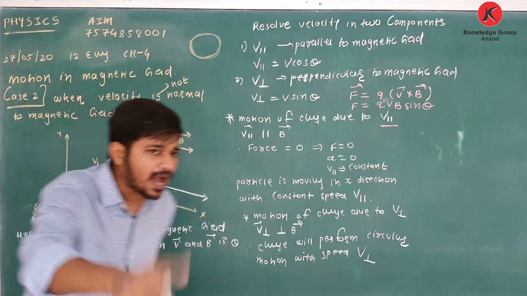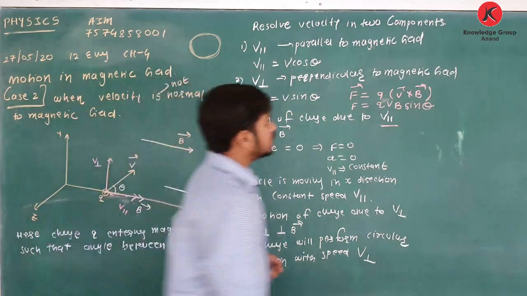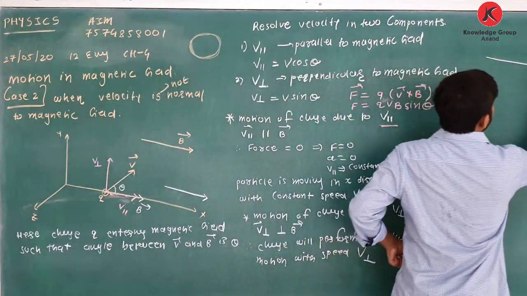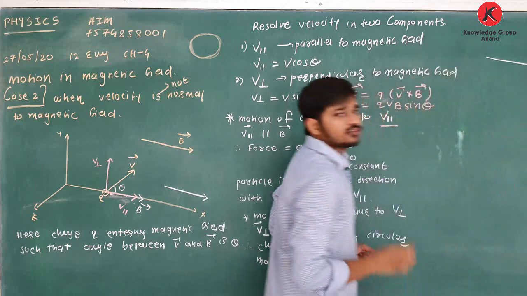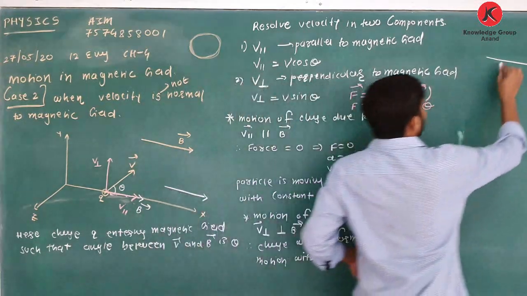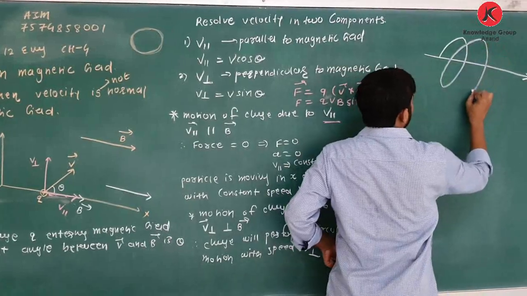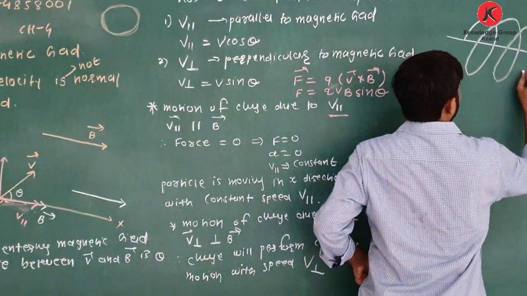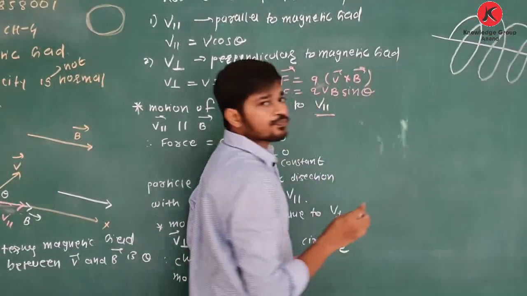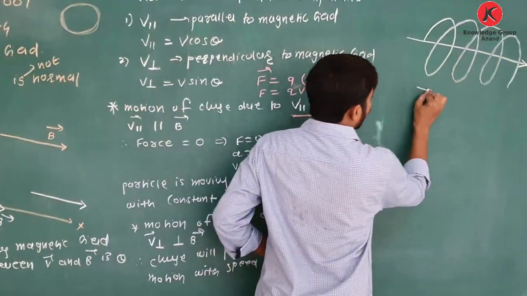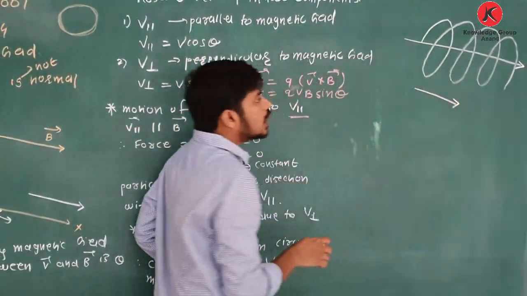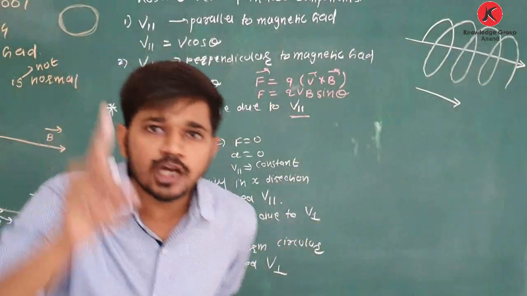Then what is the path of the charge? See, the path of the charge will be like this. It will be helical. Clear? Yes, it is moving in the forward direction, and also performing circular motion.